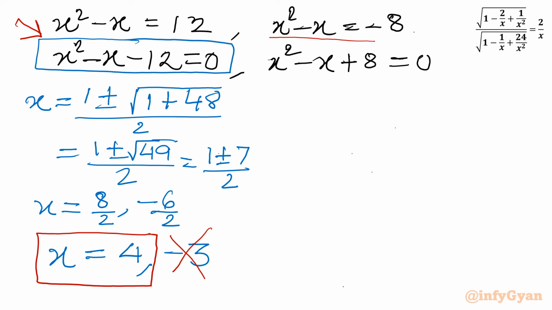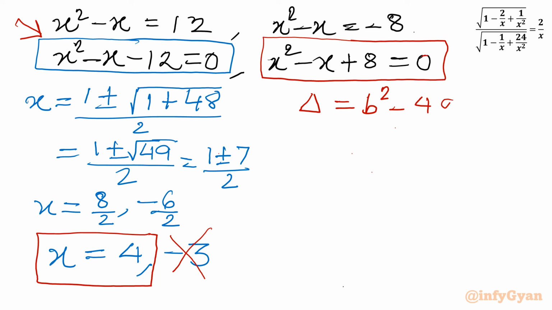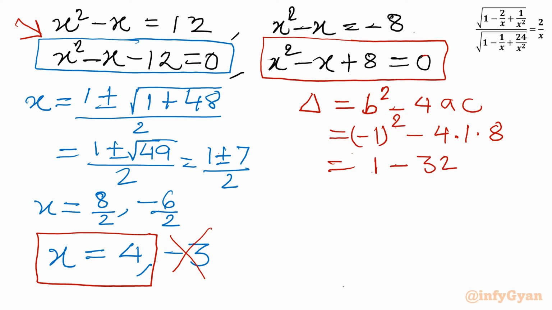Now let us consider the second quadratic. Let's check only the discriminant. So I will write discriminant delta or D equal to b square minus 4ac. So I will write minus 1 square minus 4 times a is 1, c is 8, which will be 1 minus 32.